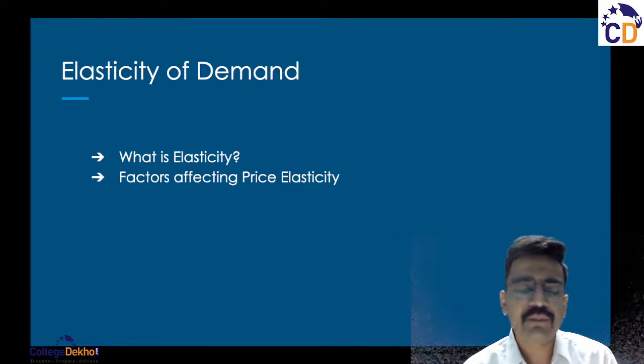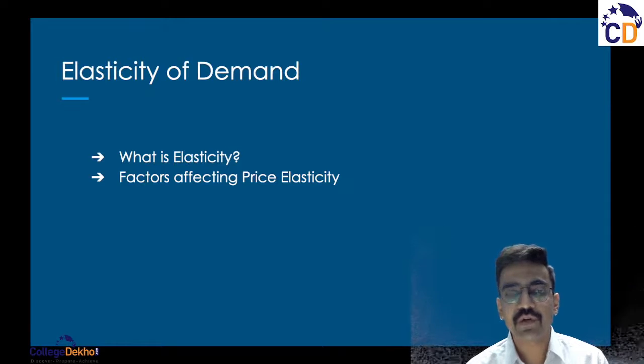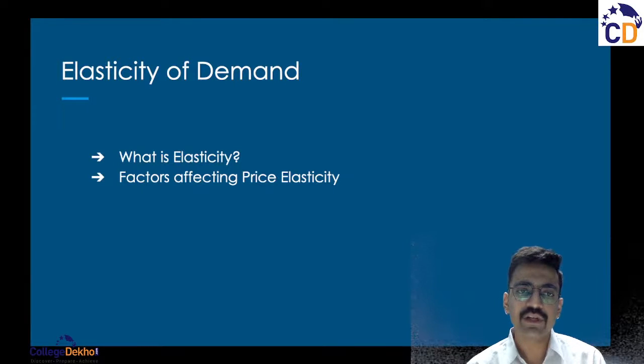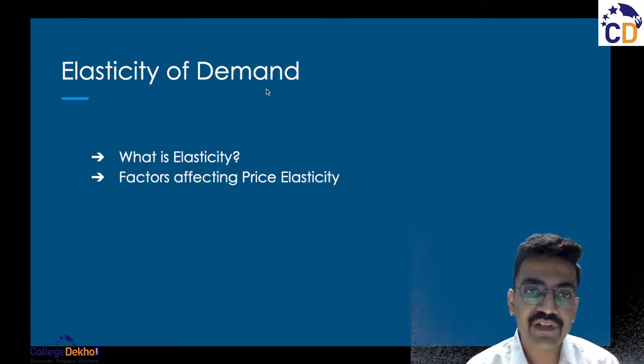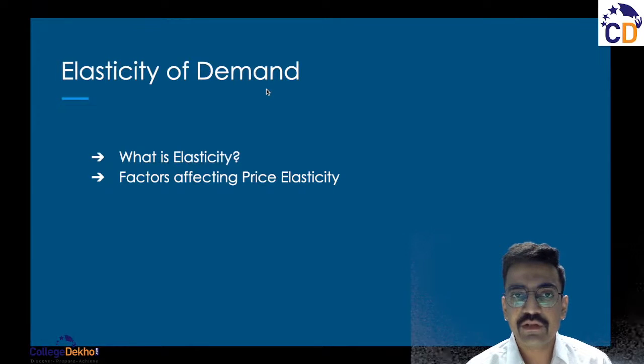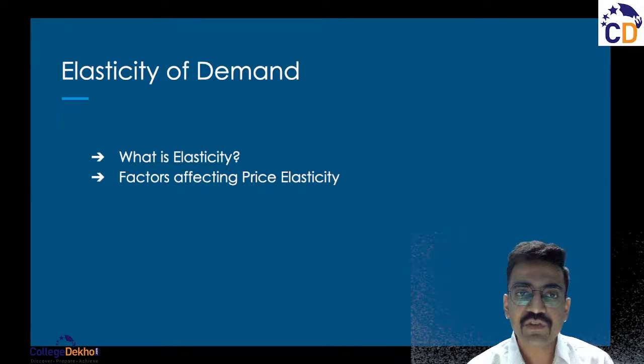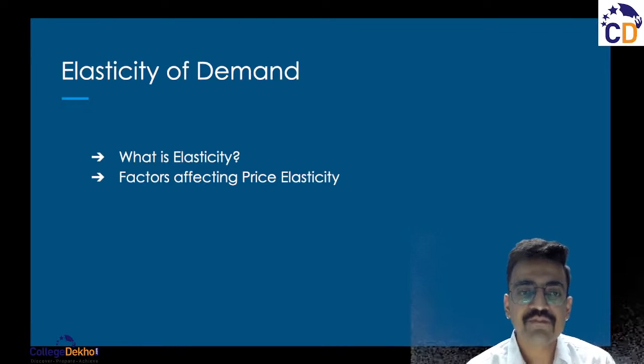Now, in the previous topic, we learned the law of demand, which states that there is an inverse relationship between the price of a commodity and the demand of that commodity. And in the price elasticity of demand, this inverse relationship is calculated, right? Whatever relationship exists between the price of the commodity and the demand of the commodity is calculated in terms of percentages.